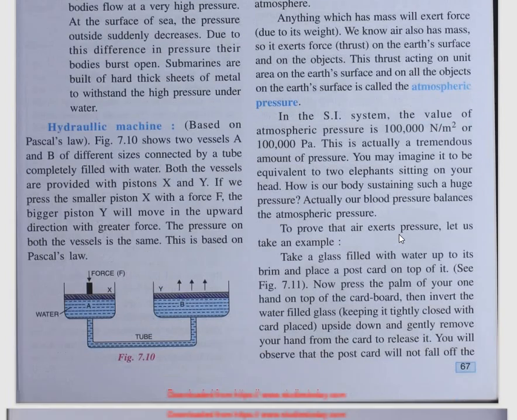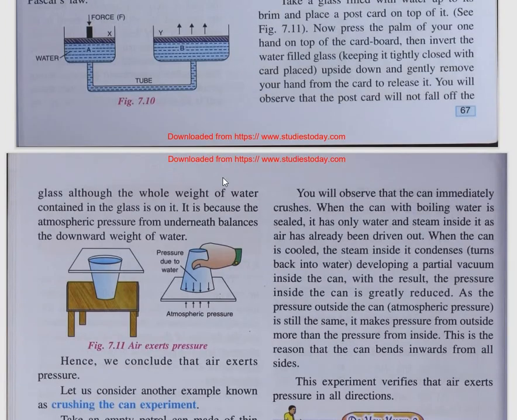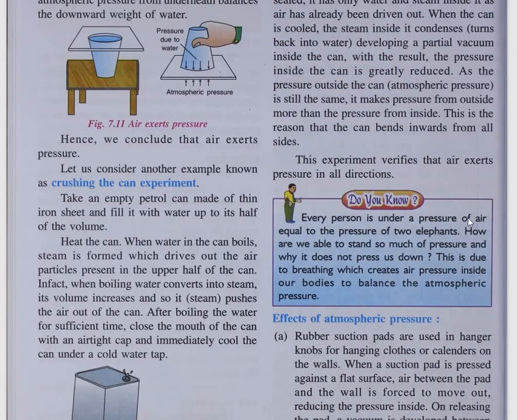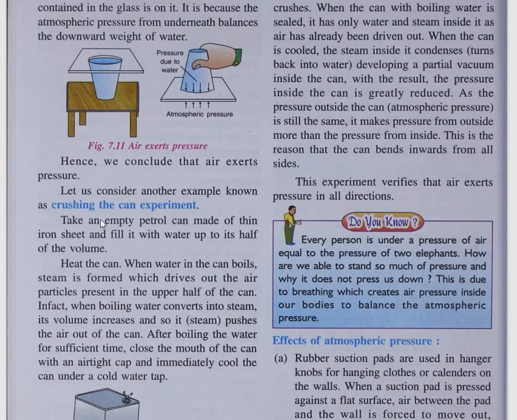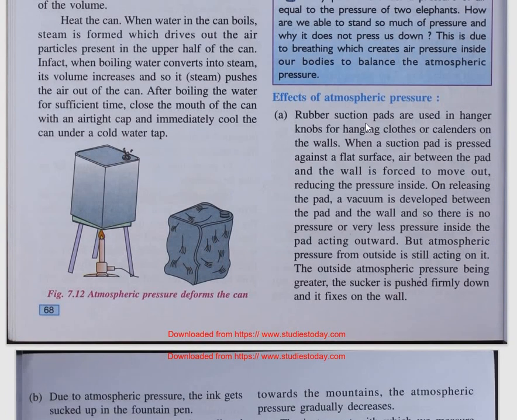To prove that air exerts pressure, let us again do the activity over here. Just read the activity, it's so simple. This is the vacuum activity. All the air is removed, and the can will crush because air is exerting pressure on the can.